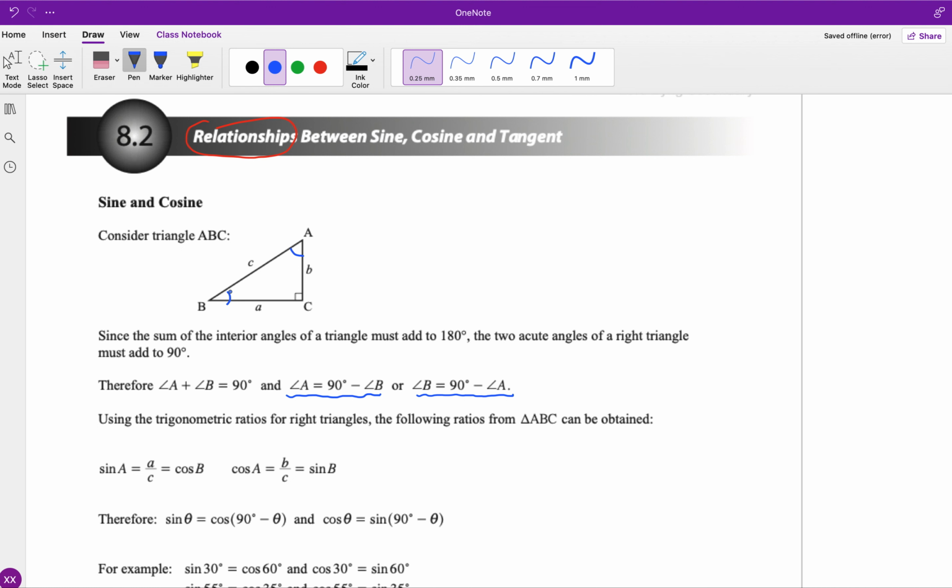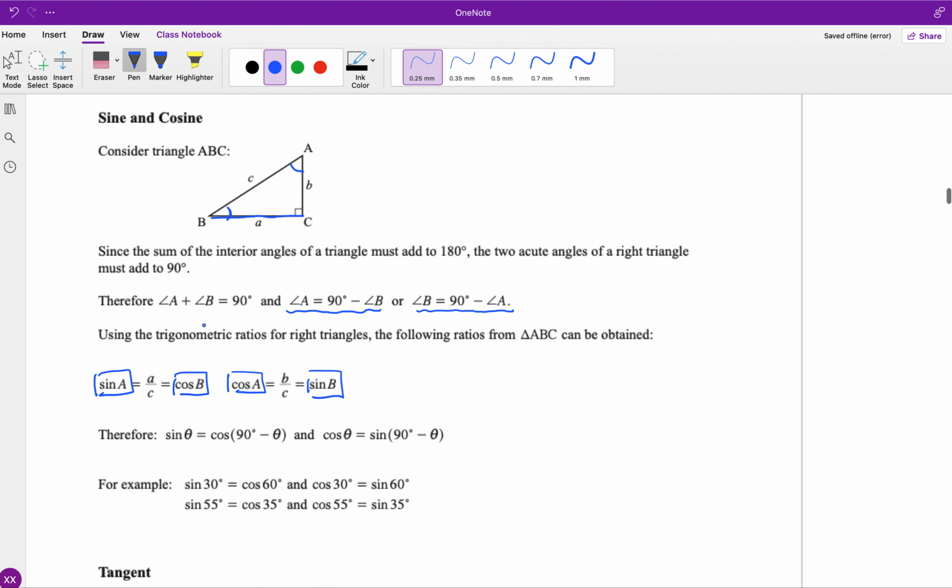Because in reference to angle B, the side a is the adjacent side. Adjacent over hypotenuse is cosine B. So isn't it interesting that sine A in fact equals cosine B. Similarly, cosine A equals sine B.